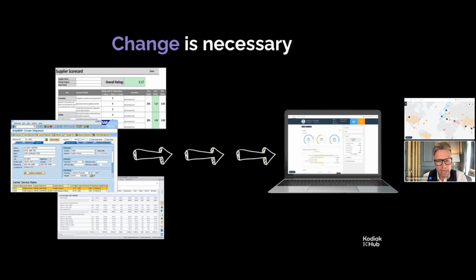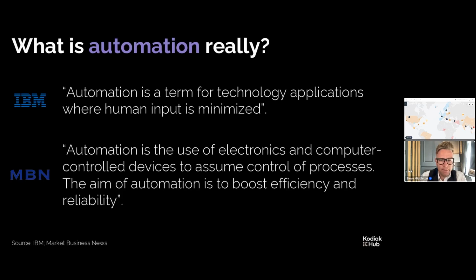So before I showcase how our solution can help you to achieve greater levels of efficiency and drive automation, let's first define automation. And I'm going to do that very quickly in this next slide. As you can see on your screen here, and as defined by IBM, automation is a term for technology applications where human input is minimized.